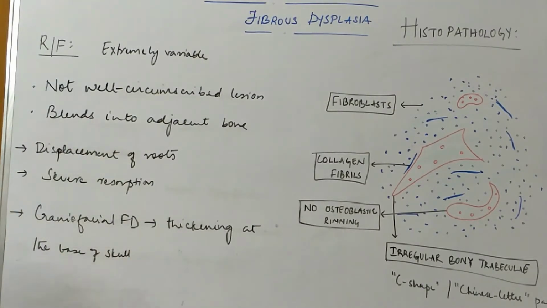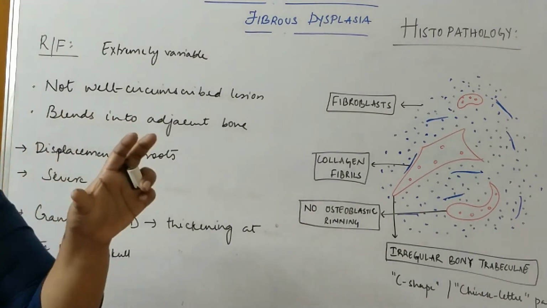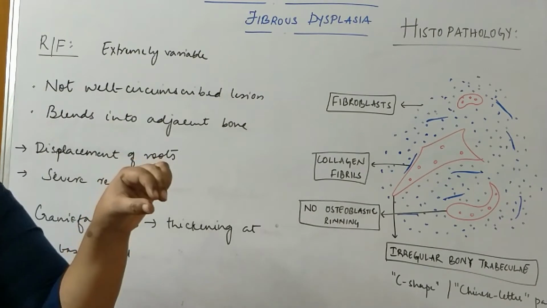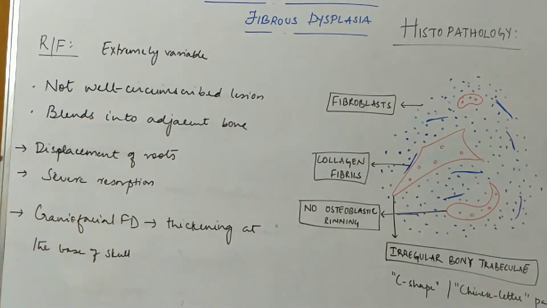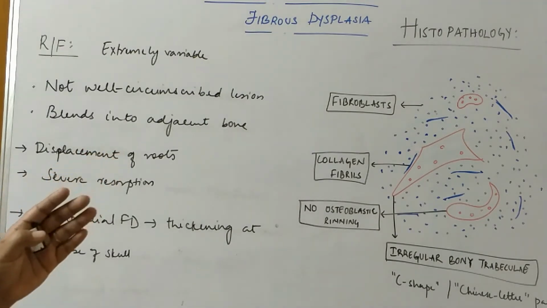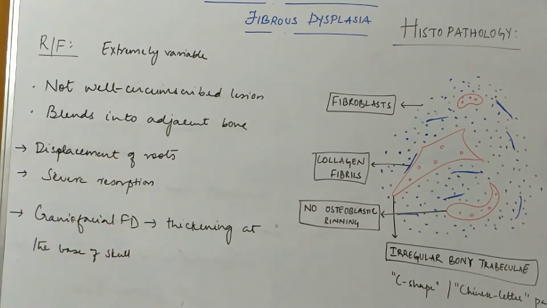Fibrous dysplasia grows concentrically, that is from the medullary part, which is the center of the bone, towards the periphery, that is the cortex. So as it moves towards the cortex, the base of the skull or the periphery becomes thick. So this is about the radiographic features.